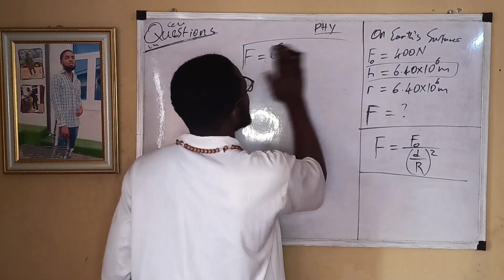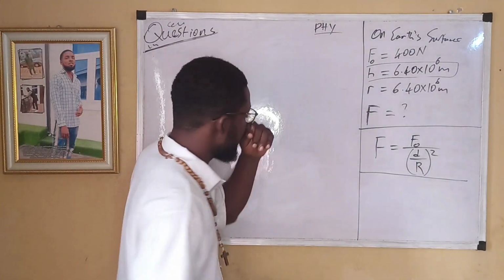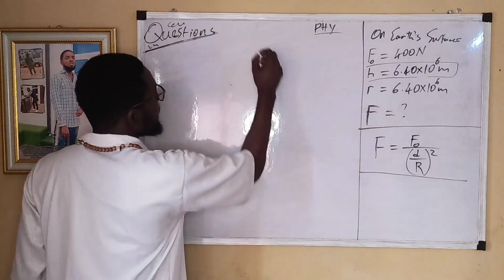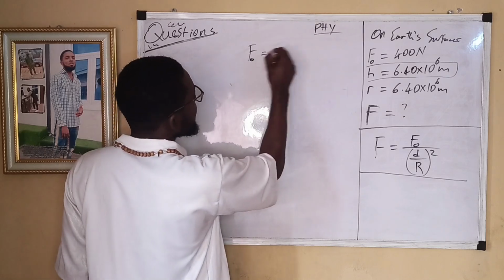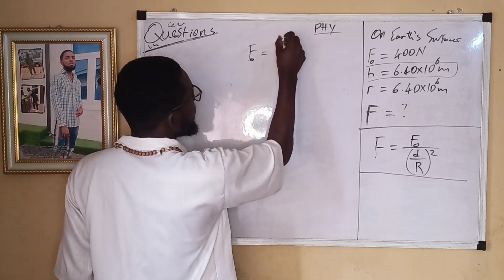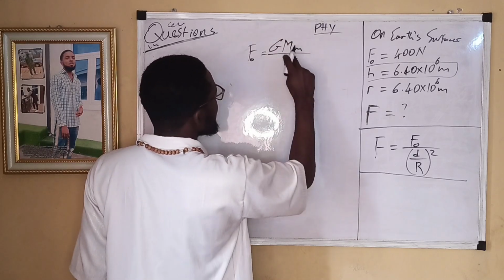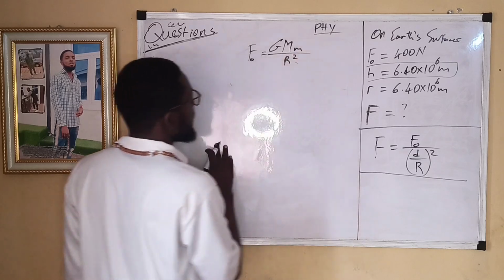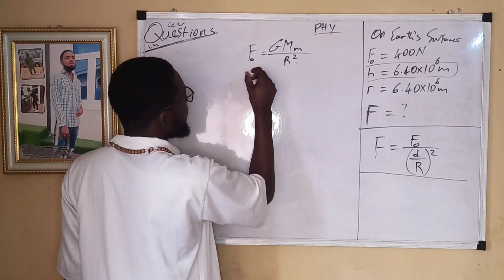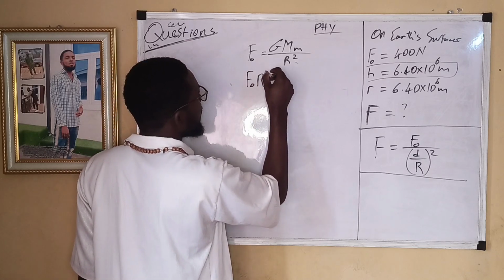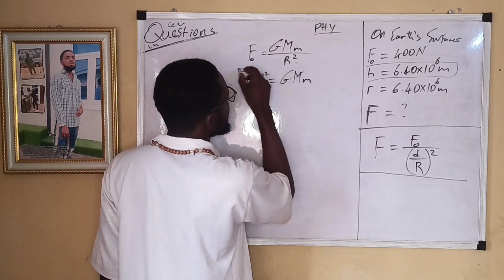All right, how do we derive this formula? We know that for the Earth's surface, F naught is GMm over R squared, which is the same thing as F naught R squared equals GMm.